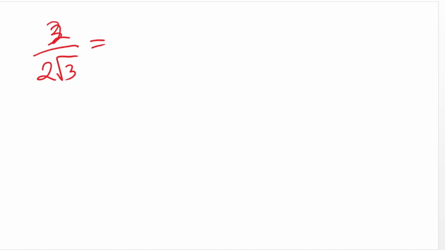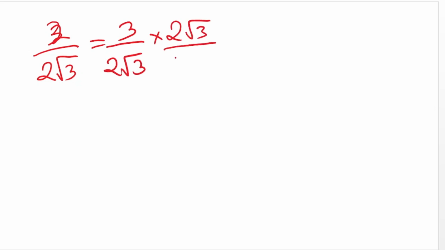So what we are going to do is we're going to rationalize. That's going to be 3 over 2 root 3 times 2 root 3 all over 2 root 3. So this will then give us 3 times 2, that will be 6 root 3, all over 2 root 3 times 2 root 3. 2 times 2 is 4.